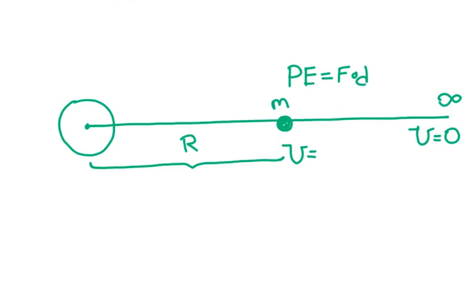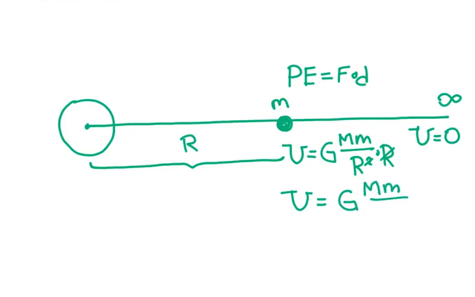In this case, the force is gravitational force, so I have GMm over r squared times the distance from the Earth. I can cancel r, so the gravitational potential energy at this point is equal to GMm over r, where M is the mass of the Earth and little m is the mass of the object.